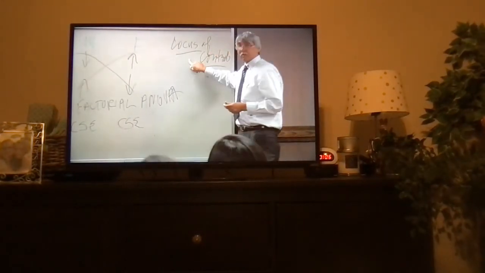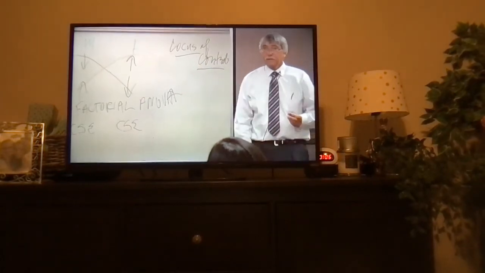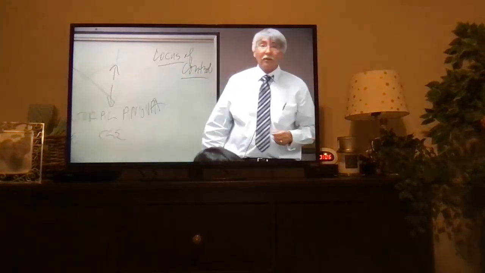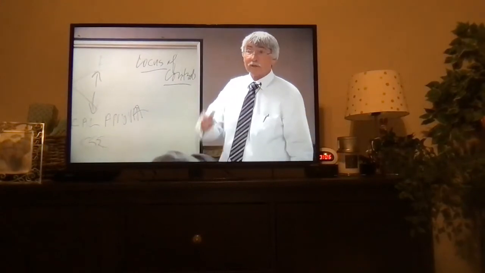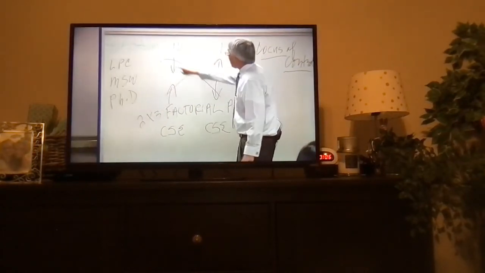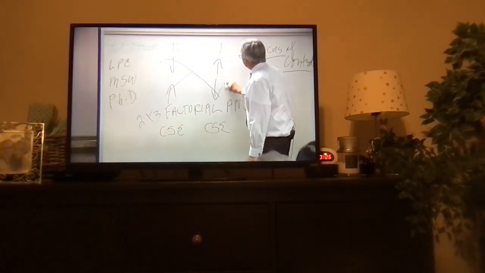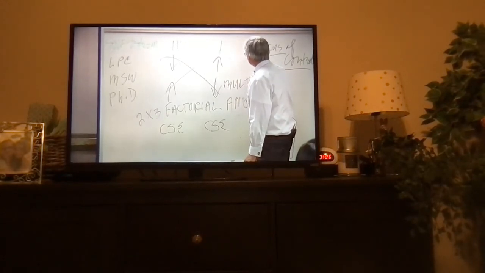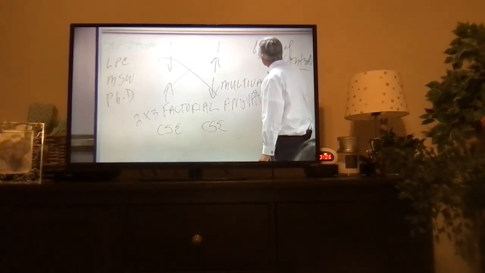So what is this? It's another dependent variable. I'm measuring 2 things now, self-esteem and locus of control. And when I've gone from 1 to 2 or more, it becomes a multivariate analysis of variance.